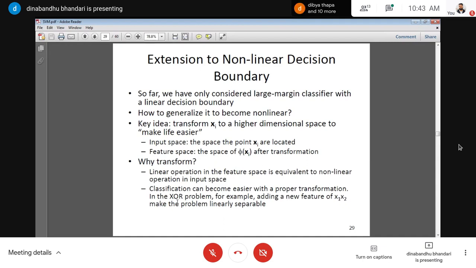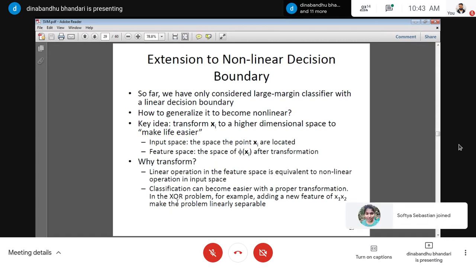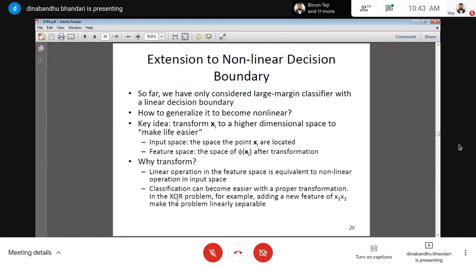So we take the data from the input space to the feature space, with the expectation that in the feature space the data becomes linearly separable. I have given one example earlier. Today I'll repeat those examples once again so that you will be able to appreciate it.